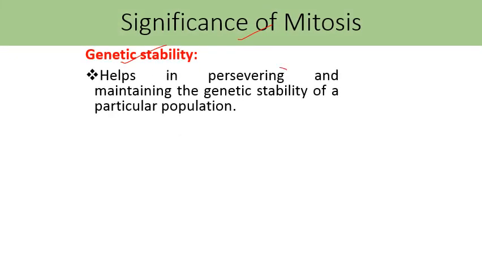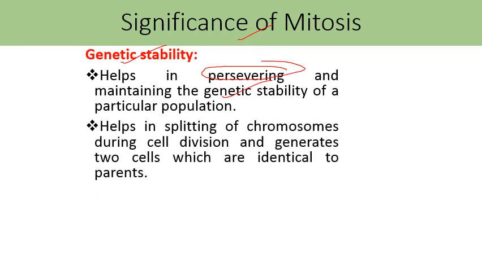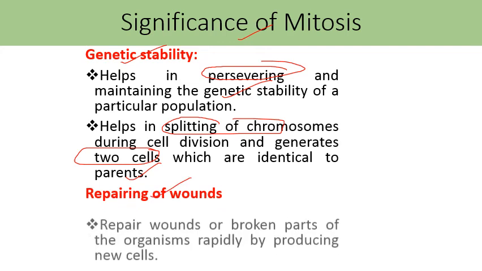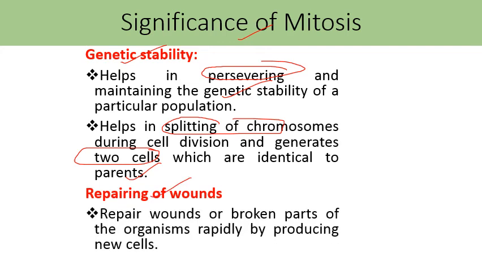Next comes the significance of mitosis. Firstly, genetic stability. It helps in preserving and maintaining genetic stability of the particular population. It also helps in splitting of chromosomes during cell division and generates two cells which are identical to their parents. Next, repairing of wounds. जो injured part है, it repairs wounds or broken parts of the organism rapidly by producing new cells.